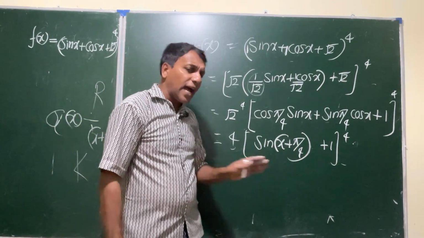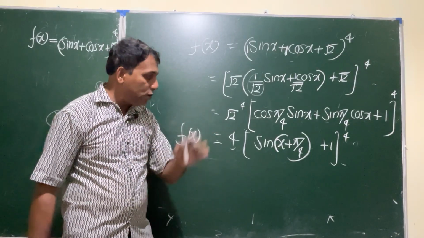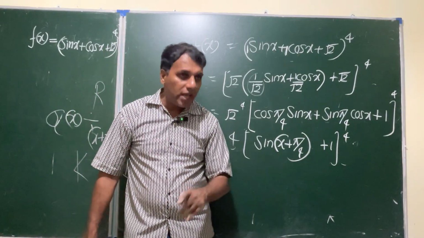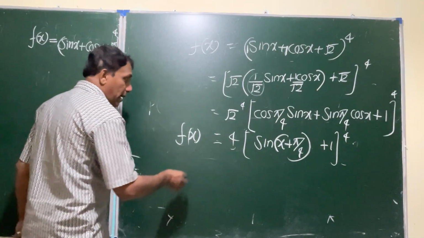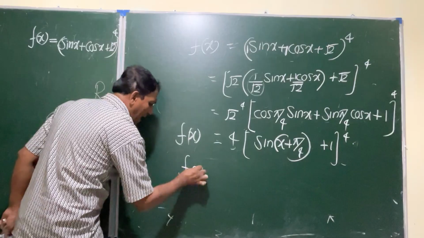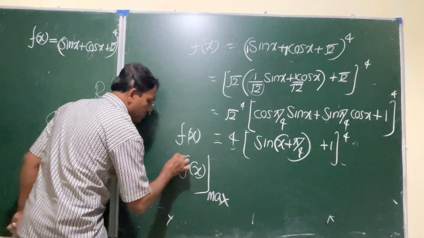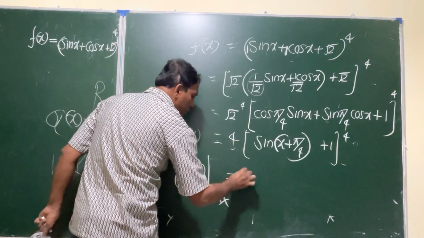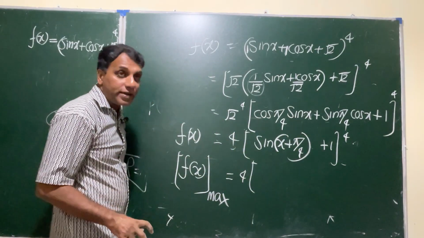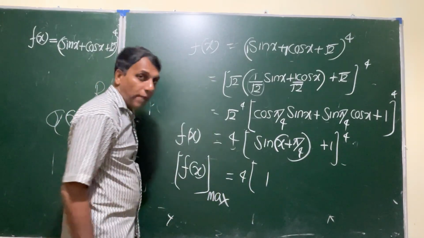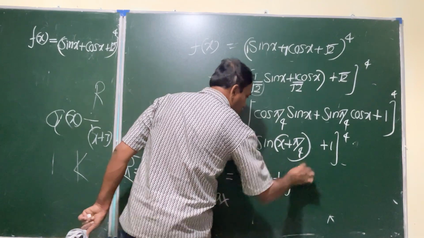You know that sine's maximum is 1, the boundaries of sine for the principal value: sine maximum is 1, sine minimum is -1. Therefore, see my method. For f(x) max, that is 4 into this becomes max, the sine angle becomes max 1, plus 1, to the power 4.